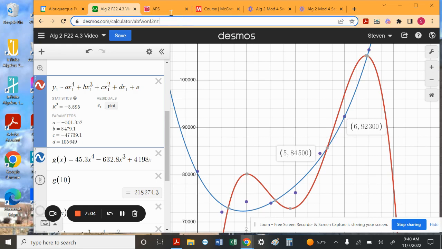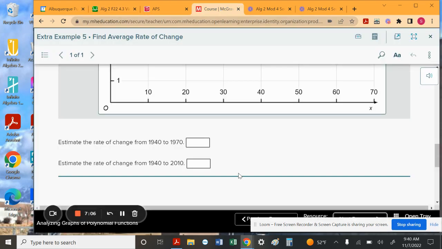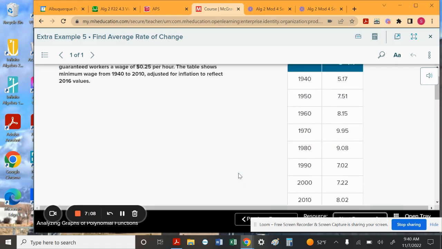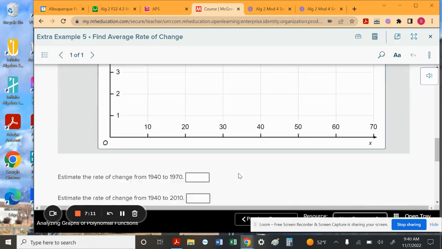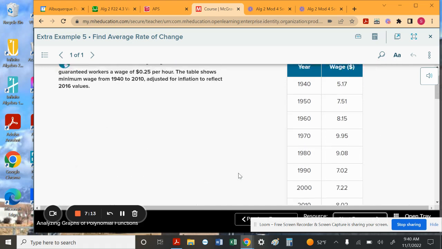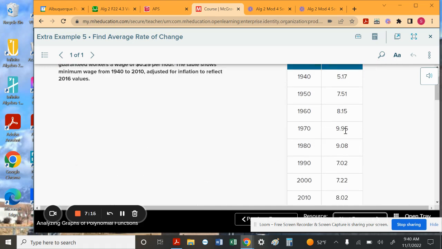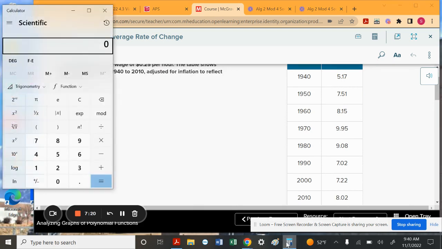Okay, so now we go back over here. When we're calculating the actual rate of change, remember that we just pick the 2 points. So we want the ones between 1940 and 1970. So that would be 9.95 minus 5.17, and we're going to divide it by 1970 minus 1940.